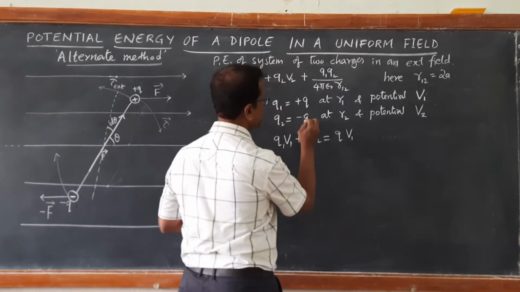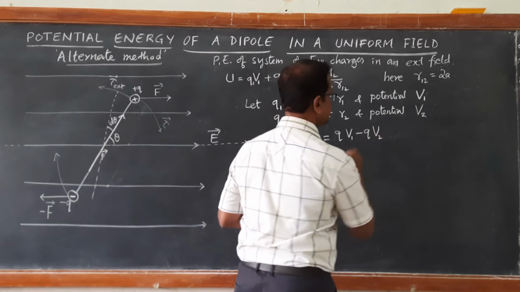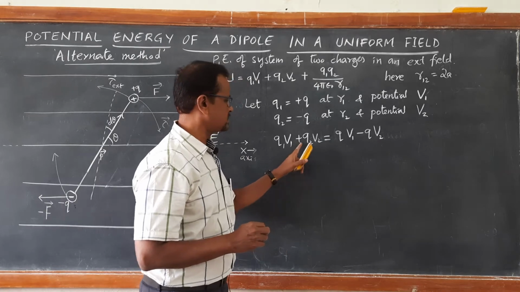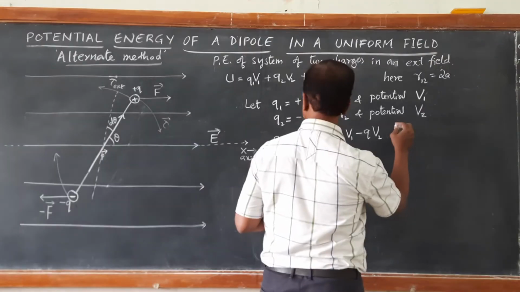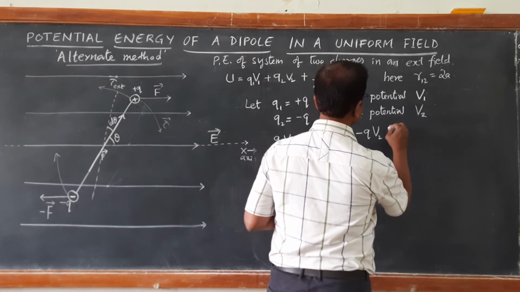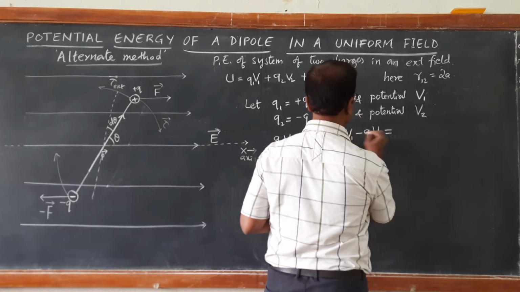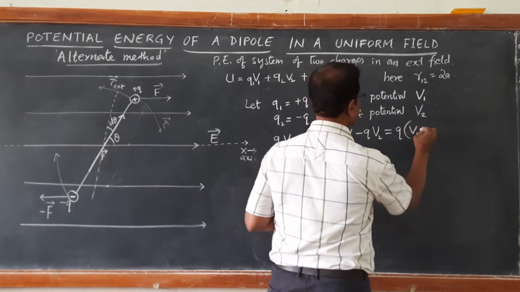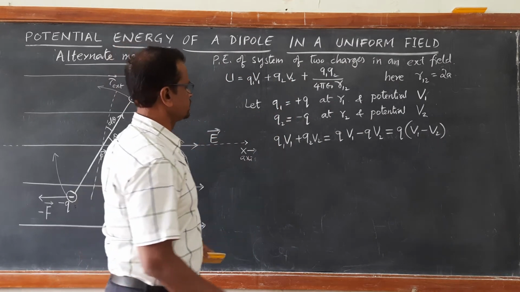See here, Q2 is minus Q, and the potential here is V2, so Q V1 minus Q V2, because charge is negative here, right? Now we will substitute the value of this one. If you take Q common, it becomes Q into bracket V1 minus V2. So this we will substitute in this equation.